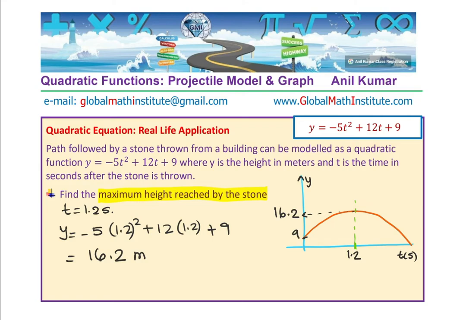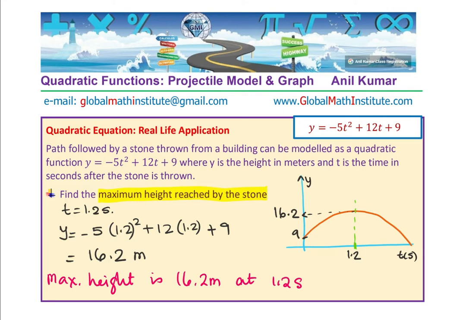So we can write down our answer now, that maximum height is 16.2 meters. And this happens at 1.2 seconds. Okay, so we got almost our graph here.